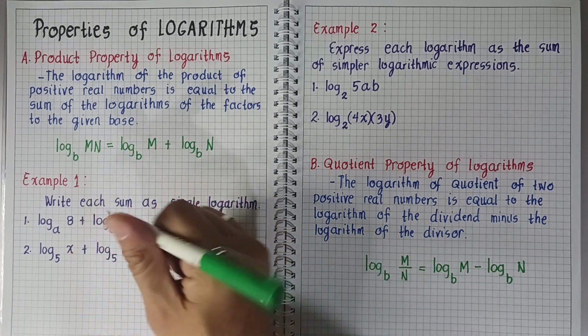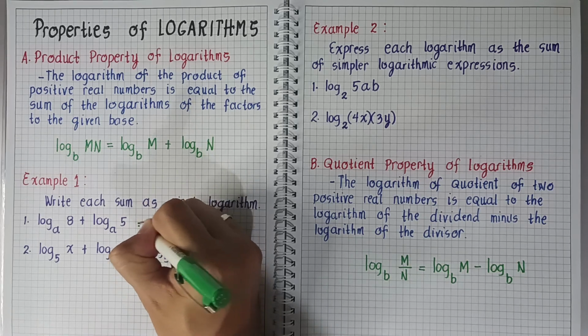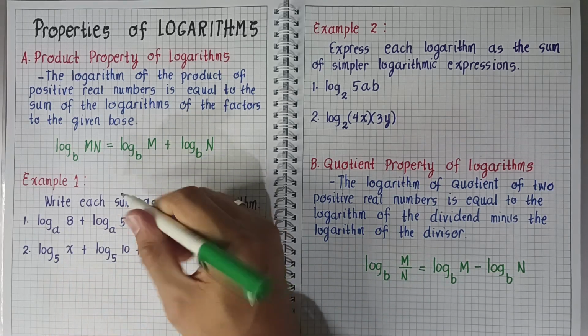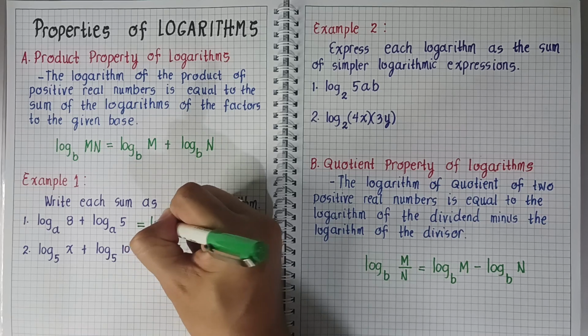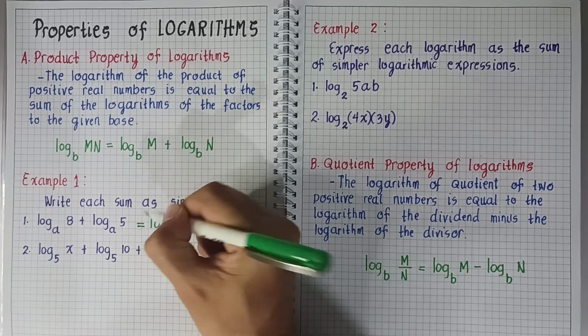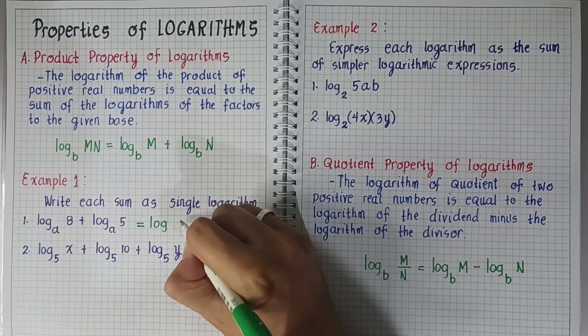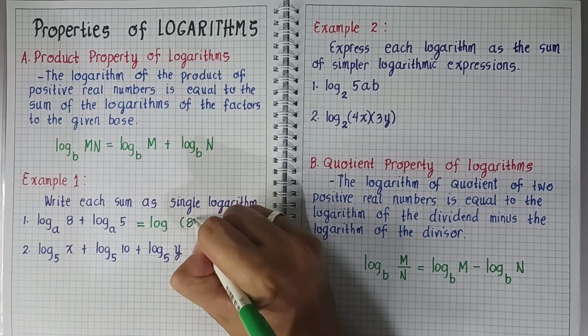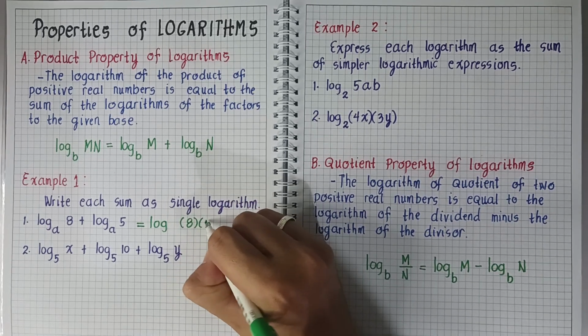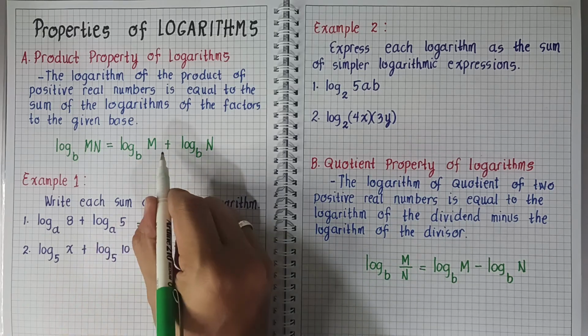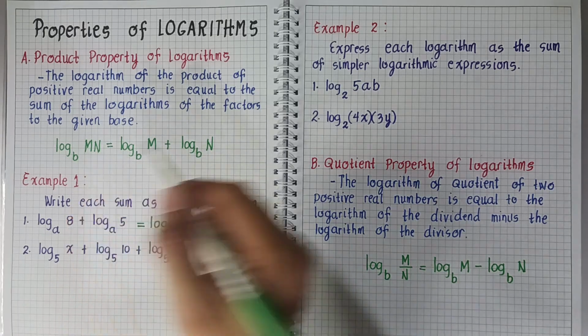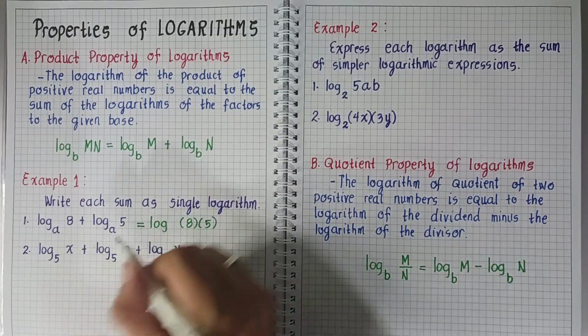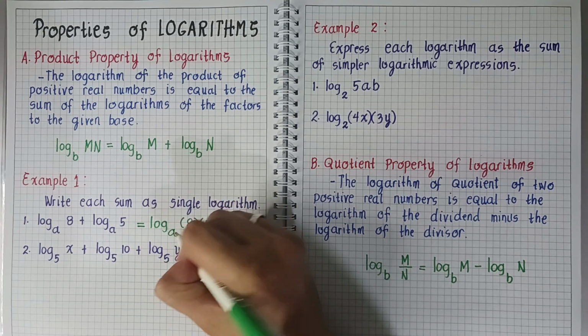So, following this, ito ay magiging, since we have same base, applicable dapat sa same base palagi, logarithm of, of course, 8 times 5, kasi plus siya. So, ibig sabihin, ipag-multiply natin yan. And of course, do not forget the base, which is a.